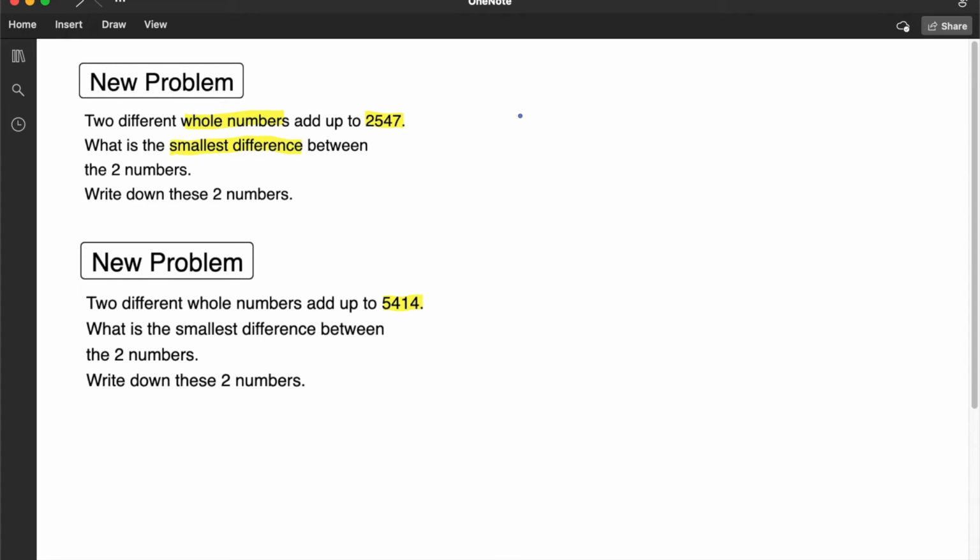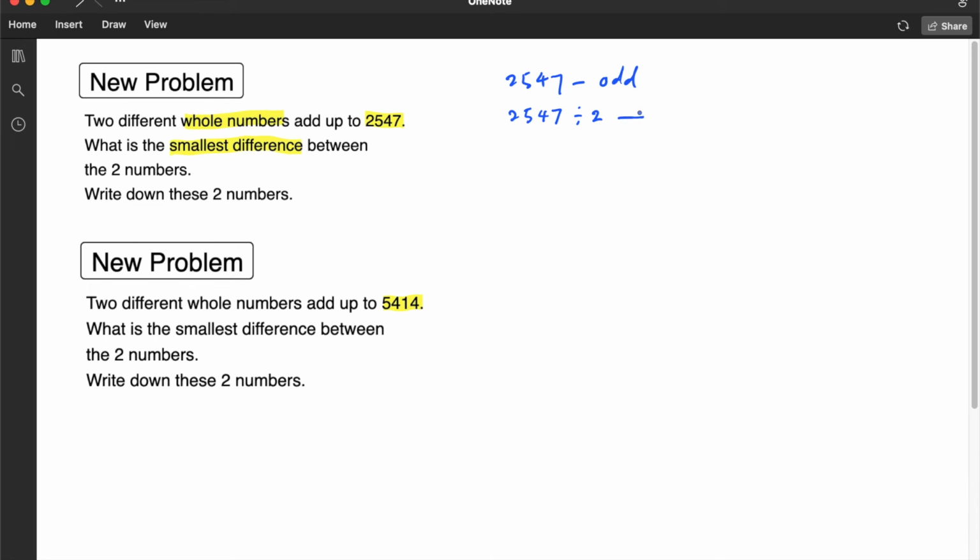So let's try to solve for the first case, 2547. This is an odd number. The first thing we need to do, because we are interested to find the smallest difference, is divide this number by 2.